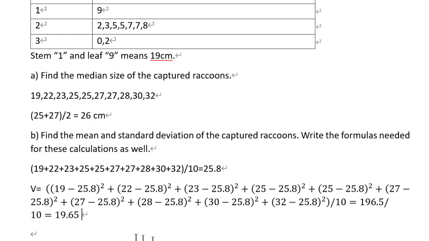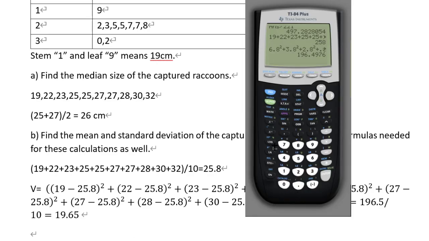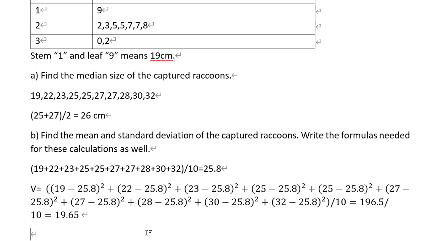And after that, you have to take the square root of that, so I take the square root of 19.65, enter, and that gives you 4.43. So the standard deviation would be sigma equals 4.43.